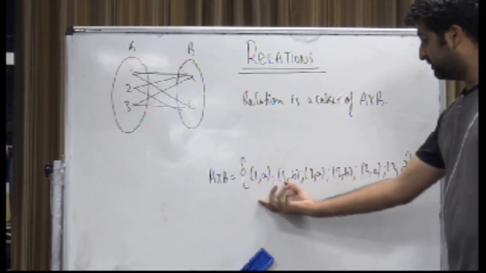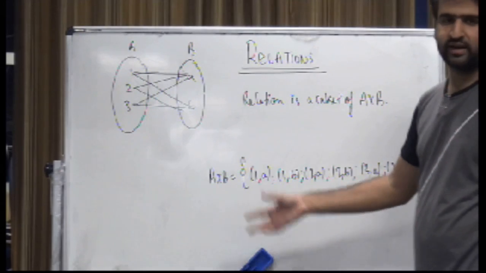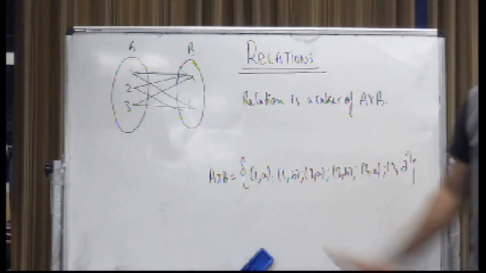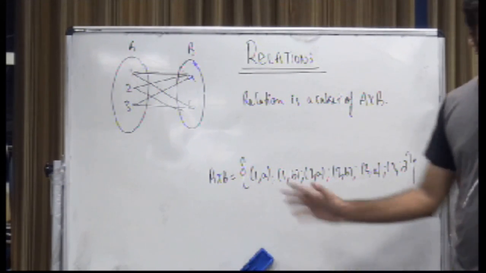Out of these 6 ordered pairs, I can use 5 or 4 or 1, and still it will be a relation. I can use all of them also, and then also it's a relation.